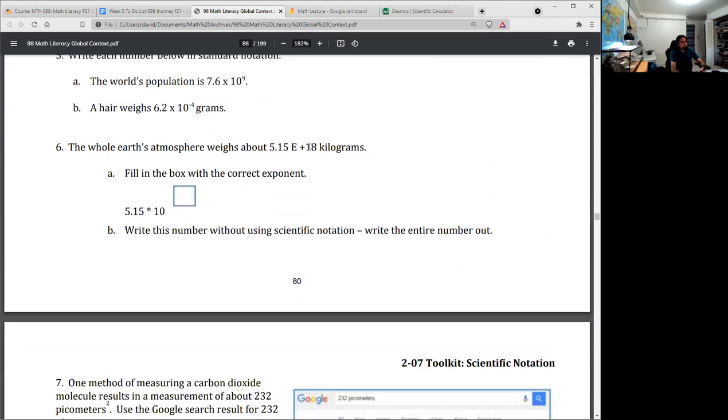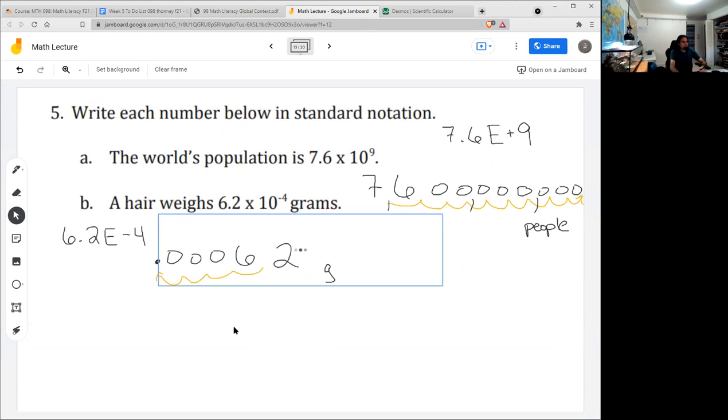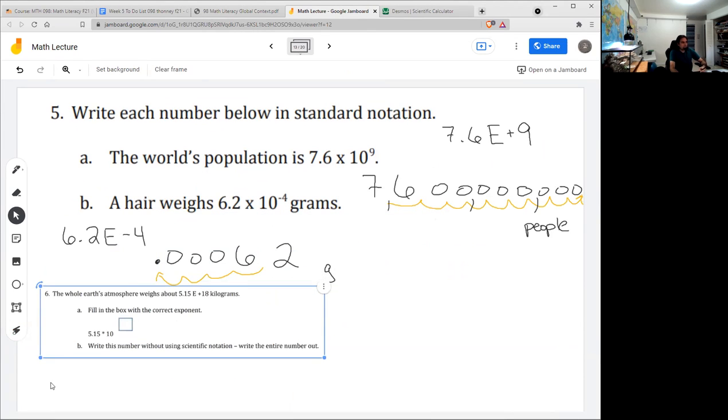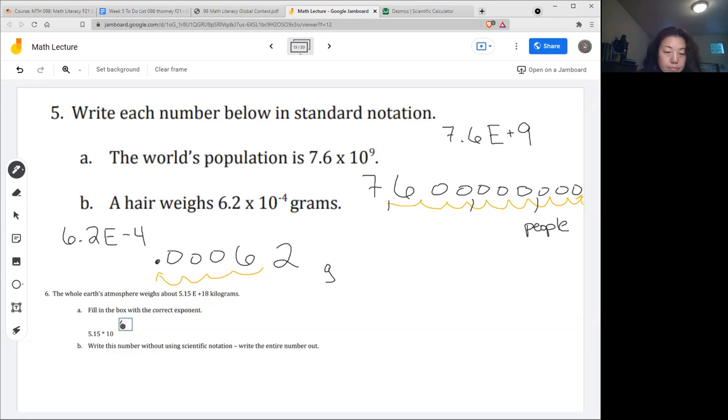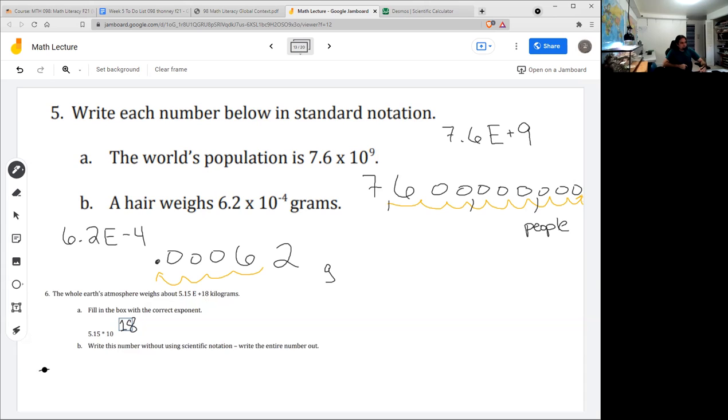Number 6. This will be annoying, but we can do it. The whole Earth's atmosphere, here it is written as an engineer with the E plus 18. So what number goes in the box, writing it like a math person? 18. 18, yep. Don't make it harder than it is. Okay, here we go all the way across the board.